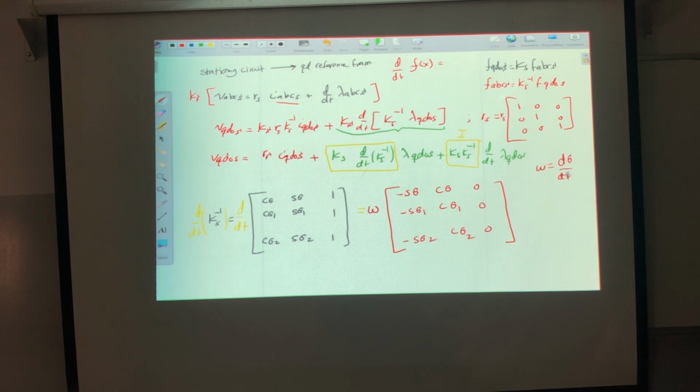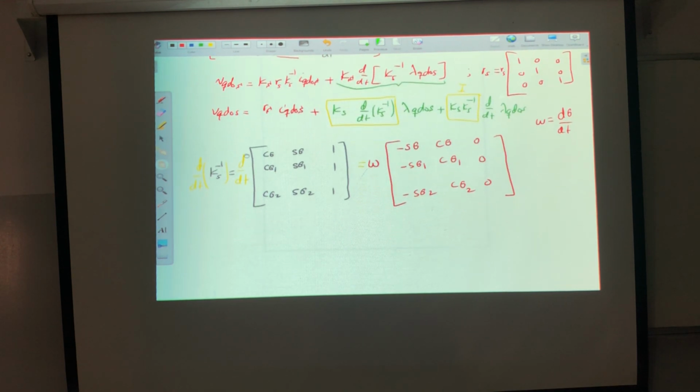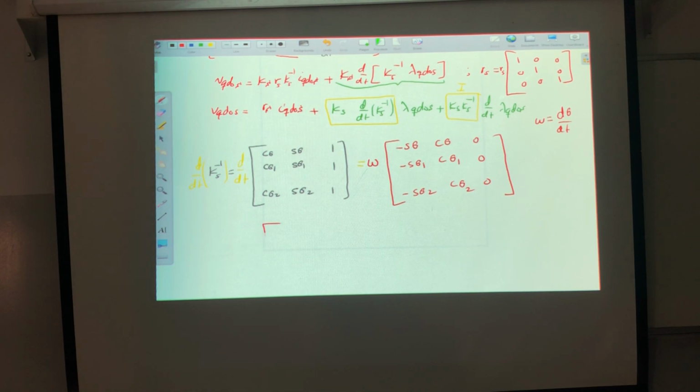So now let's multiply it, then my life will be easy. If I multiply it, simply this will be omega times the matrix: 0, 1, 0, minus 1, 0, 0, 0, 0, 0.